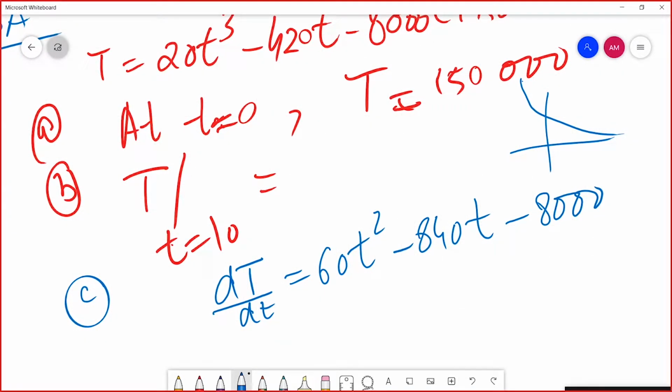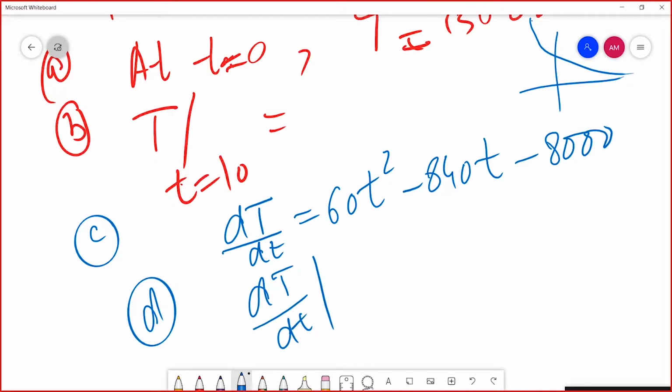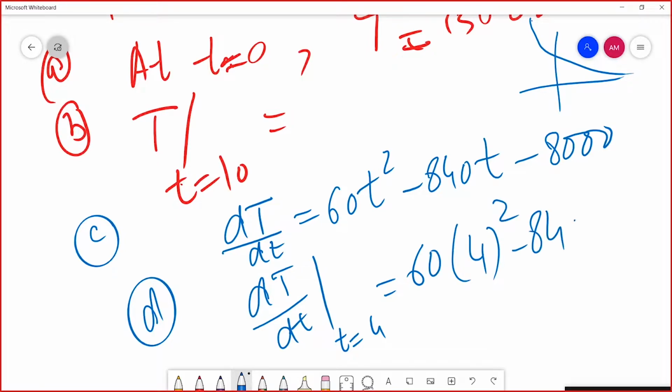We can do with just one part from D. It says find at any one time. Which one would you like to see? Second part, t is equal to 4. So how do you do that? You substitute in 4. Can you just do that so that we are able to check the answer at the back?